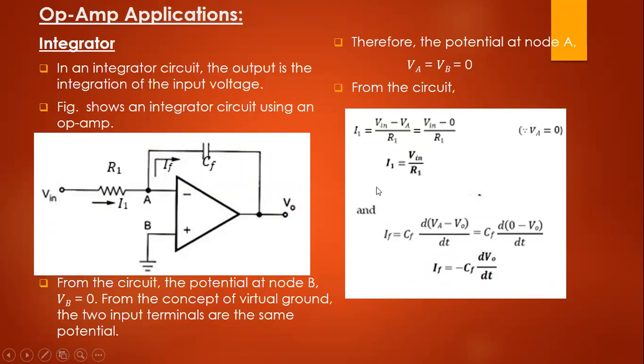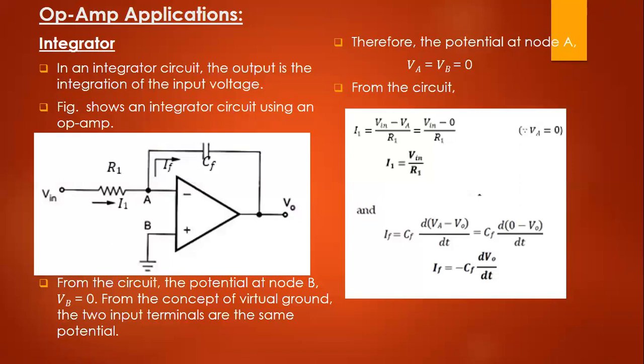And we know that charge across a capacitor, Q, is equal to C into Vc. So now current through the capacitor, IC, is equal to d by dt of Q, right? That is, rate of change of charge is equal to current. So here IC is equal to C into d by dt of Vc.